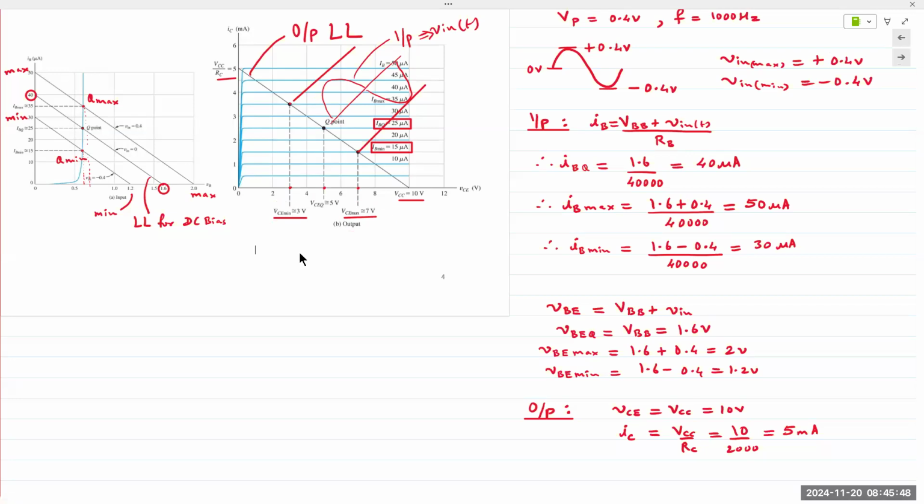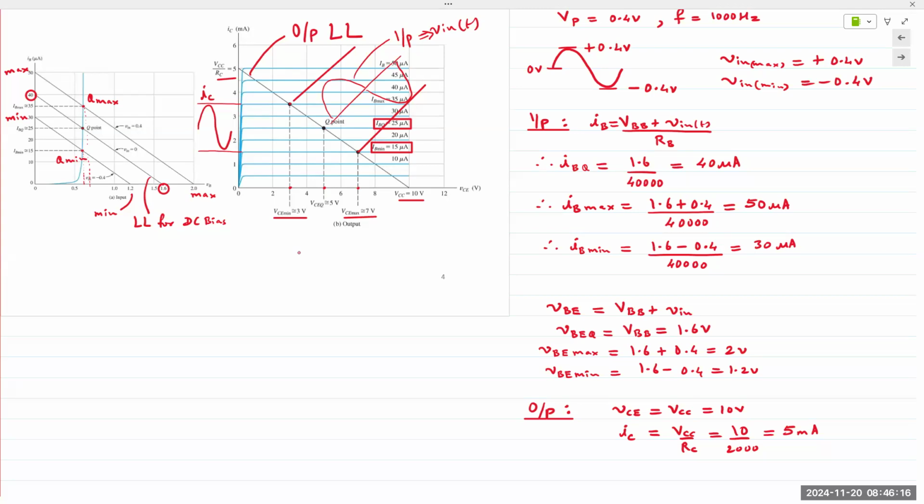So in terms of just the current, we have a small input current of 15 to 35 microamps, giving us an IC value between 1.5 and 3.5 milliamps.